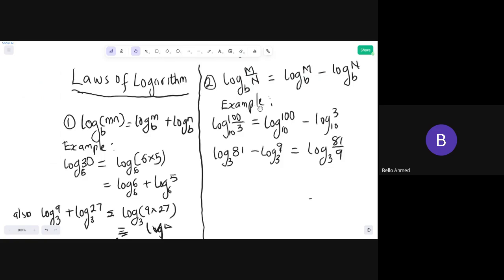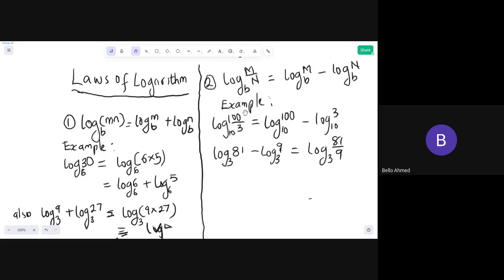So also when you have logarithm of m base b minus logarithm of n base b, you can simply rewrite it as logarithm of m, then the minus is going to turn to division, then n, both to base b, because they have the same base, and that is why you can apply the rule.